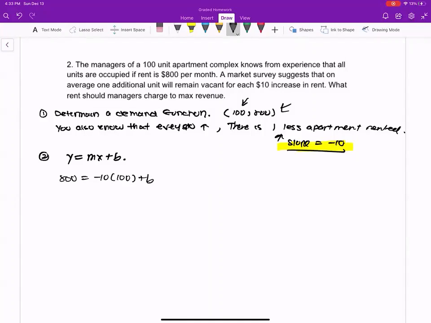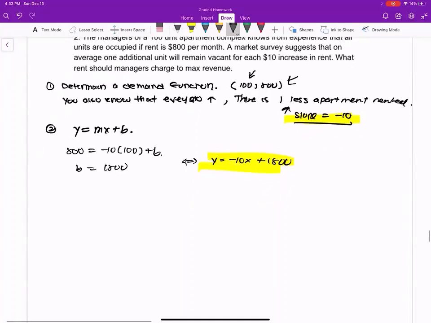If you isolate for b, you'll get 1800. Therefore, your demand function is in fact y equals -10x plus 1800. So this would be your demand function.